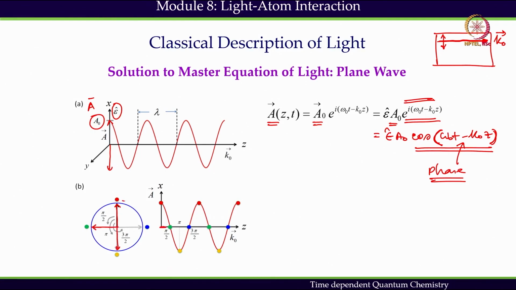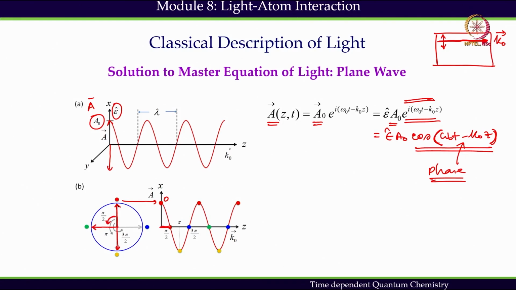At this point the phase is 0. At this point, how do I define the phase? Phase is defined in terms of this rotating dial. You can also define it in terms of the length. So this linear advancement is represented by this rotating dial form.